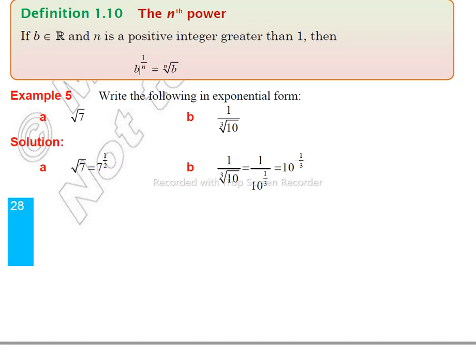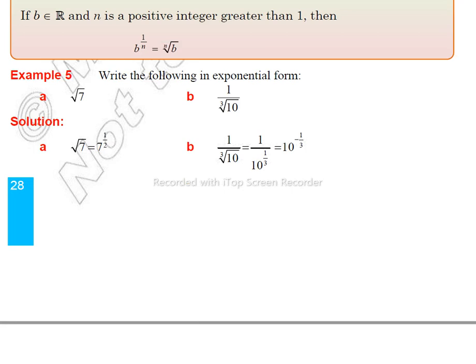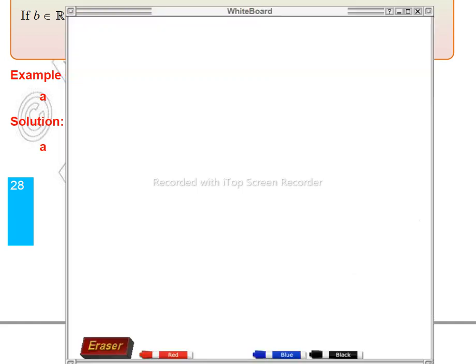We see some examples with exponential form. Let us write the following in exponential form. The first example is the square root of 7. As we know, a square root means here we have 2, so we write 7 to the power of 1 over 2.